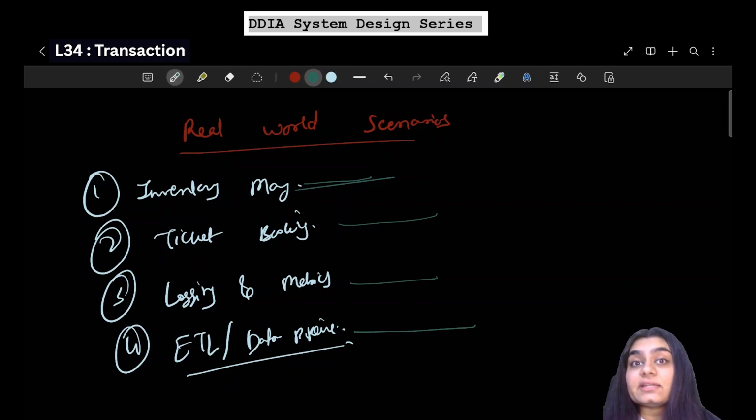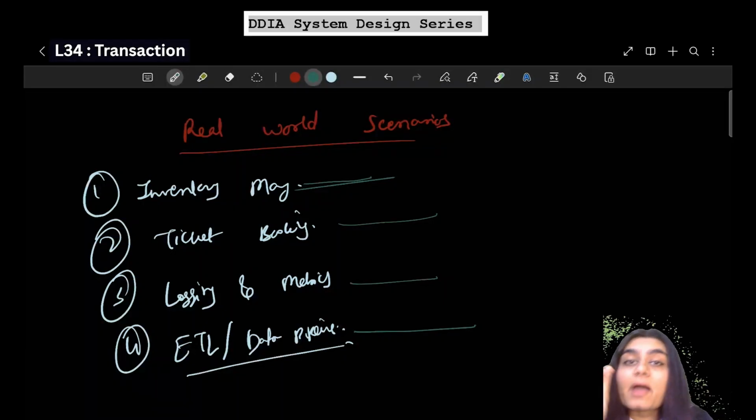So, in system design interviews, understanding when you need transactions and when you can relax them is important. Interviewers may ask something like, would you use a relational database or a NoSQL database in this design and why?